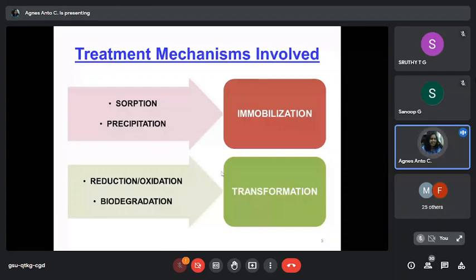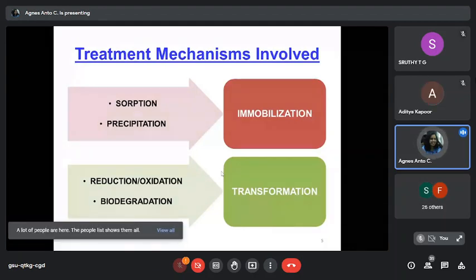So basically your chromium is changing its oxidation state from +6 to +3. Now +3 is less toxic or less harmful compared to Cr6+.